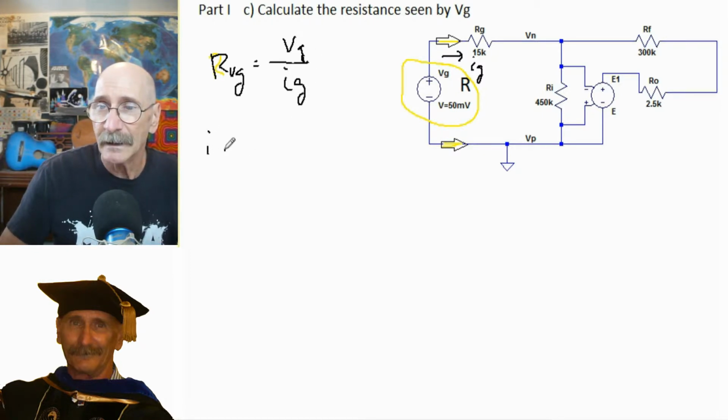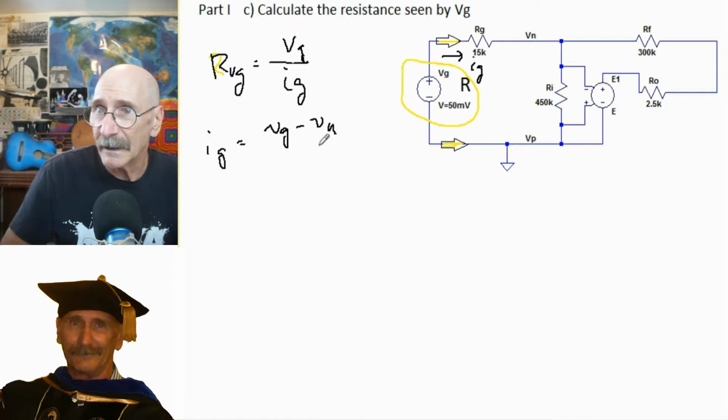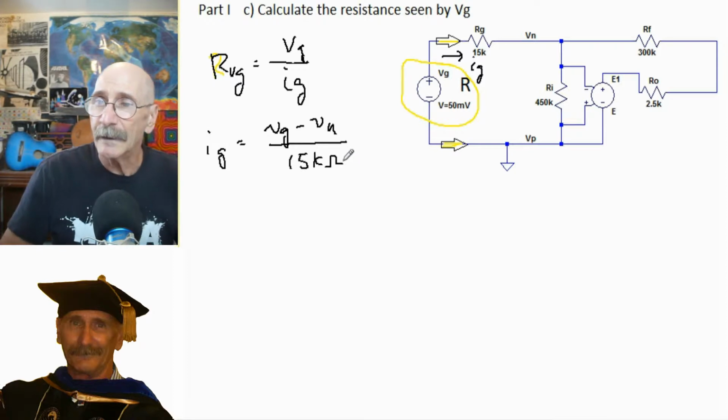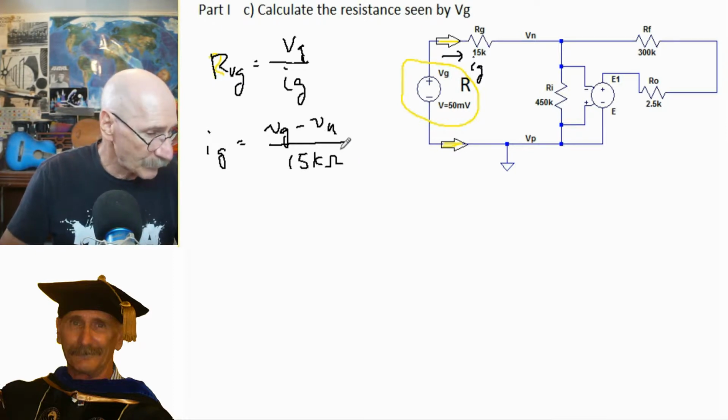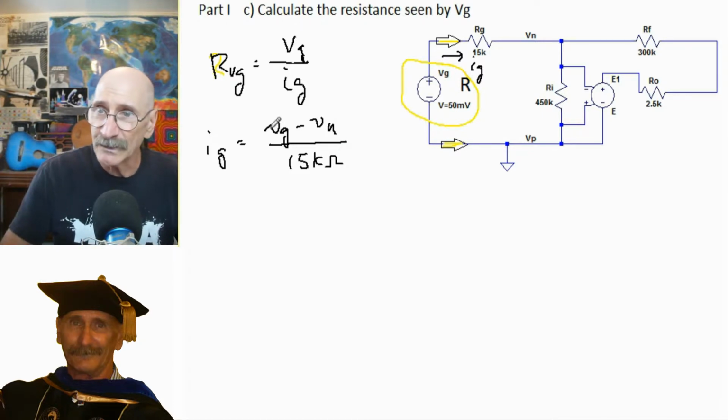So IG is just equal to VG minus VN divided by the 15K ohm resistor. So that's one simple solution, but maybe not so simple. We're going to have to get a relationship between VG and VN in order to do that.